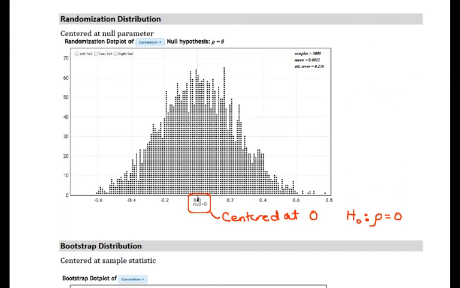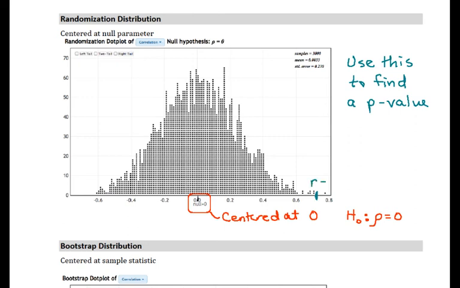The randomization distribution we would use to find a p-value. So if our sample statistic, like we said, was 0.74, that's going to hit right about here.